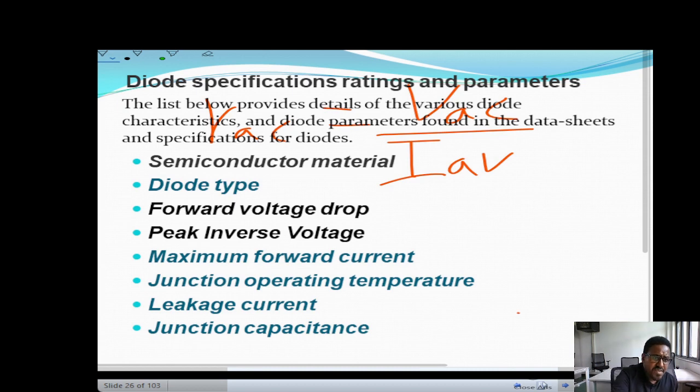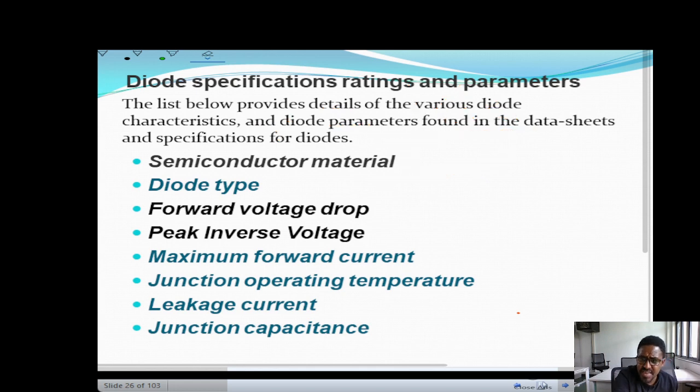Diode specification. The list below provides details of various diode characteristics and diode parameters found in the datasheet and specification for diodes. When you need to buy a diode from the market, you must know where they apply. According to their application, the diode must be selected according to its datasheet or specification.